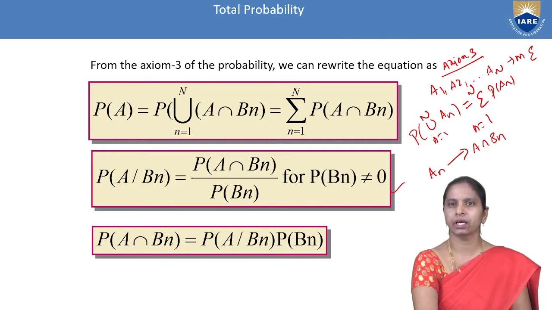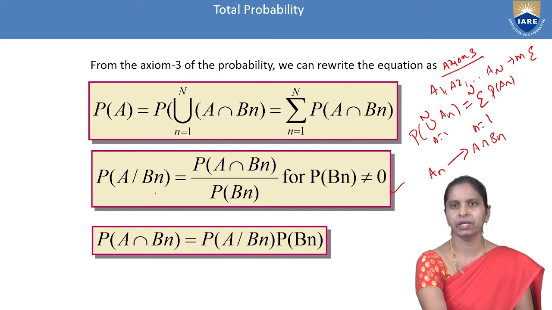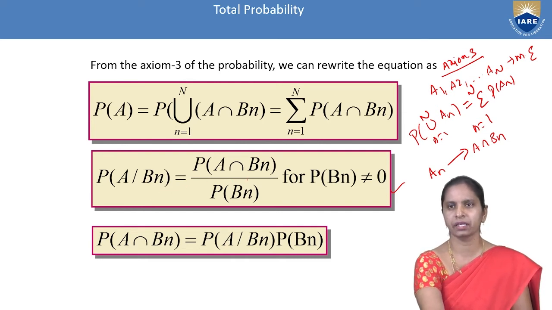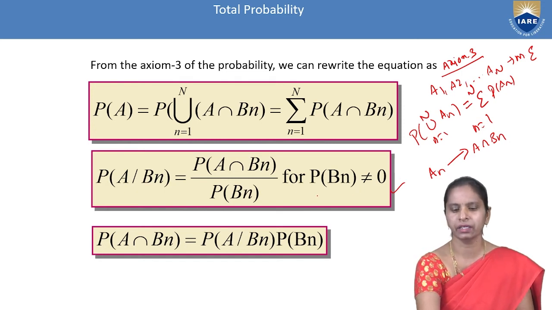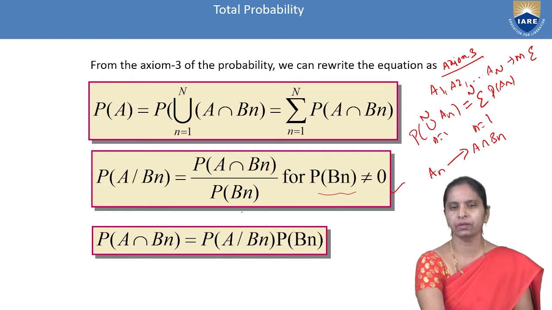So how can you write down the conditional probability of an event A given the condition event Bn is equal to P of A intersection Bn, so this is a joint probability, by P of Bn, where P of Bn should not be equal to 0. Why have I written the condition here? P of Bn is not equal to 0. If P of Bn equals 0, then what happens? You'll get P of A by Bn equals infinity.